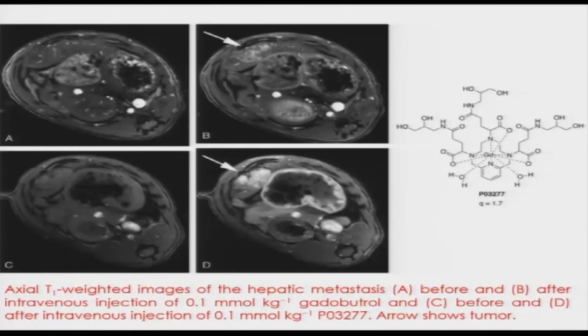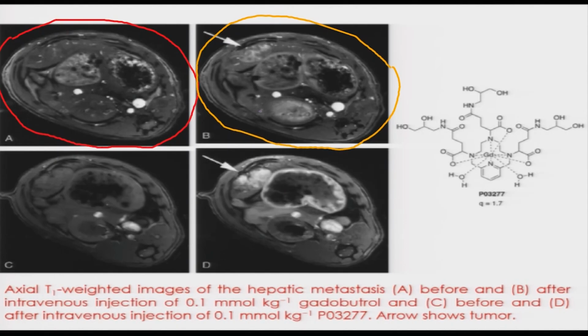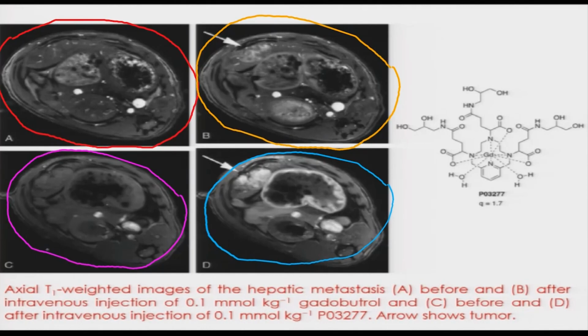Here is an axial T1 weighted image of the hepatic metastasis before and after intravenous injection of 0.1 millimole per kg gadobutrol, and C and D are after intravenous injection of 0.1 millimole per kg of this gadolinium contrast agent.